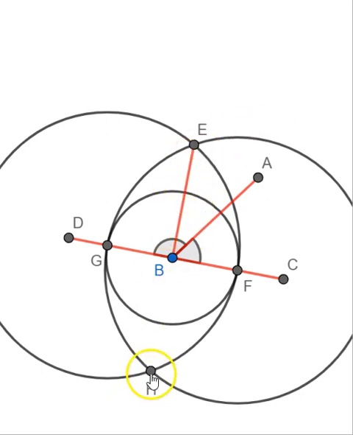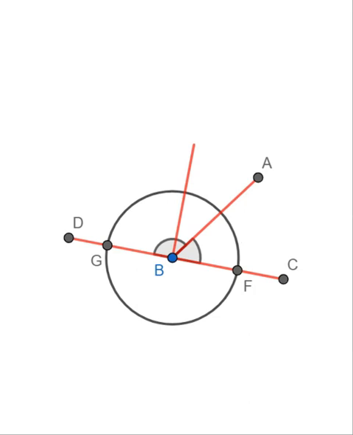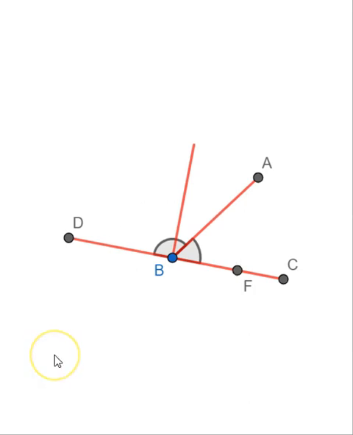Now we don't really have to connect those two intersections because we are only interested in this part. So we can connect E to B. And now that we have got the perpendicular line, we can hide all these circles and the intersections. Okay.